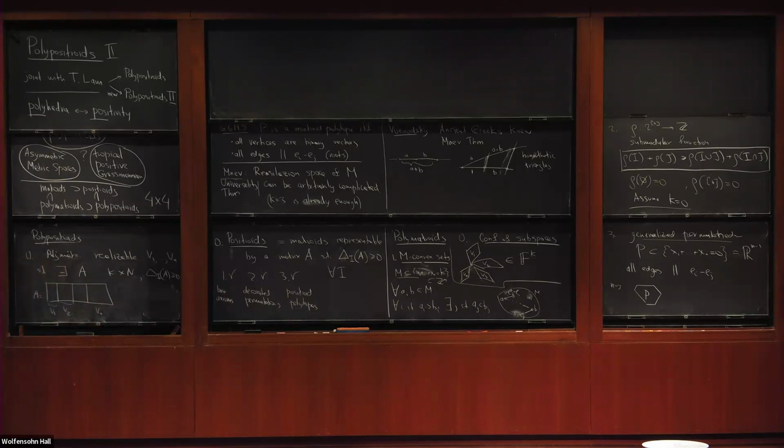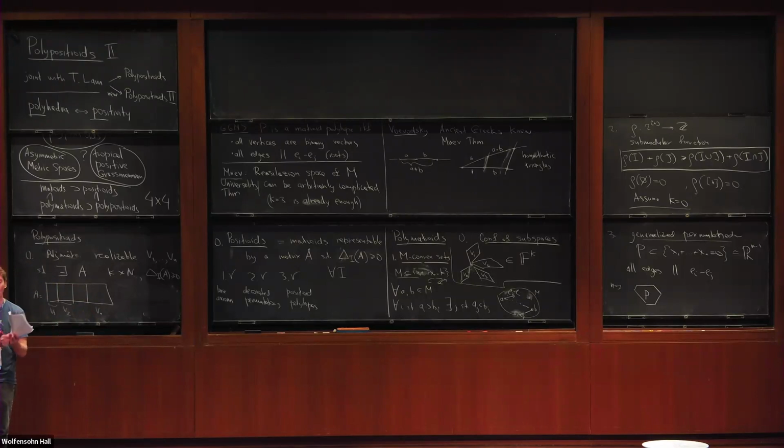So it's a block matrix. Maybe I should have said earlier, when we discussed polymatroids: going from matroids to polymatroids, we cannot get something for nothing. We need to make a sacrifice.